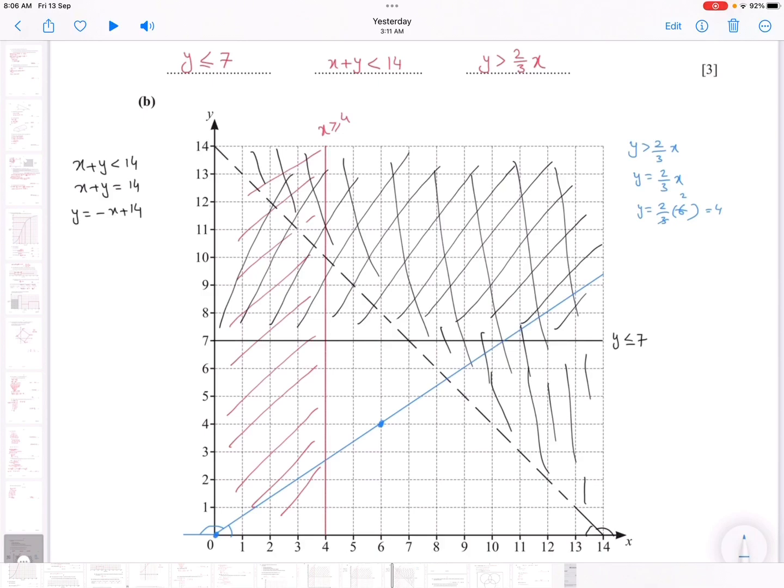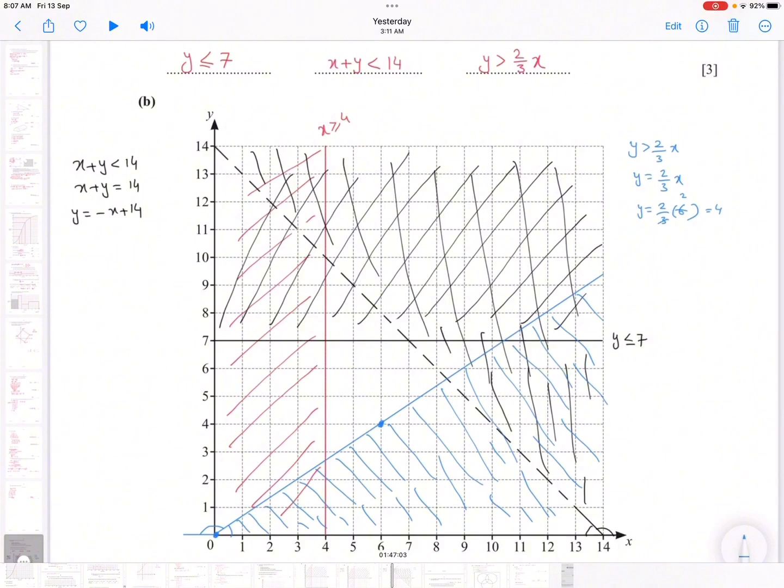So there are 2 angles of this blue line with the x-axis. One is small and one is bigger angle. So the required region is towards the bigger angle, because inequality said y is greater than 2 over 3x. So you shade the unwanted region, which is towards the smaller angle.